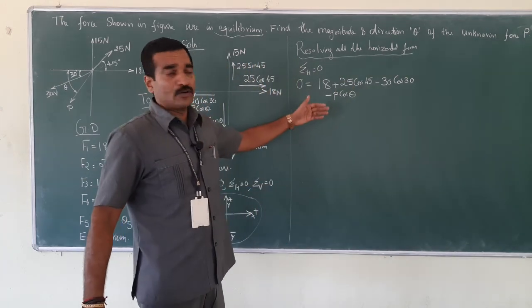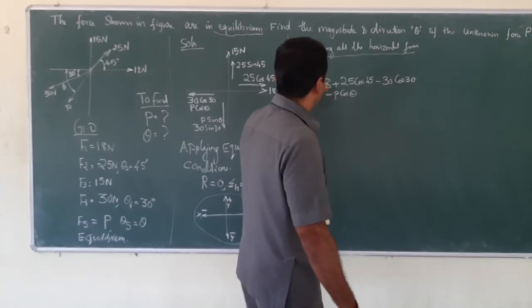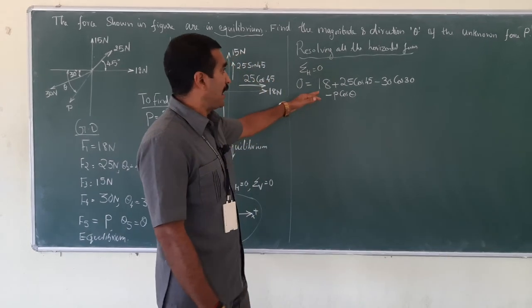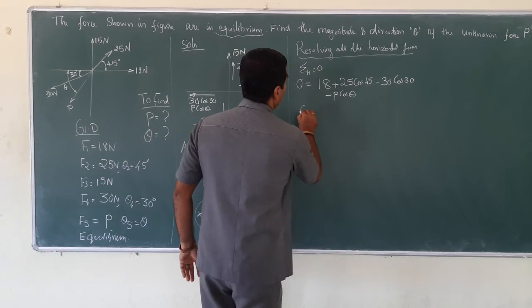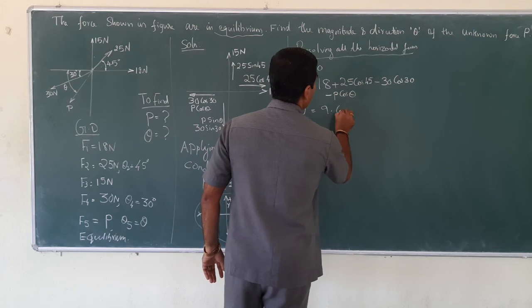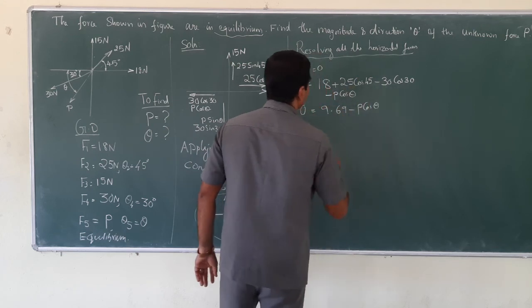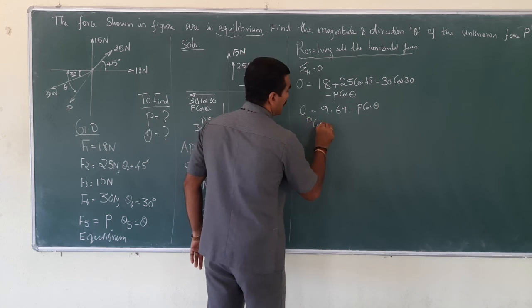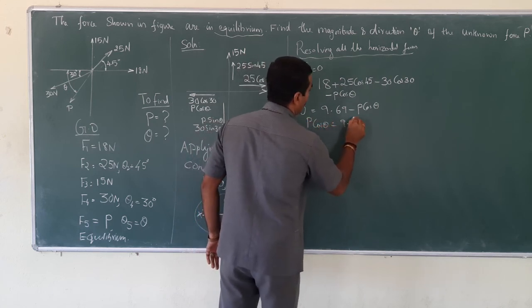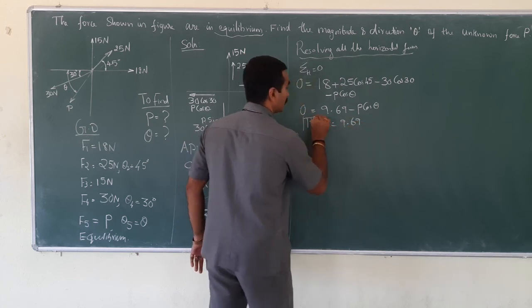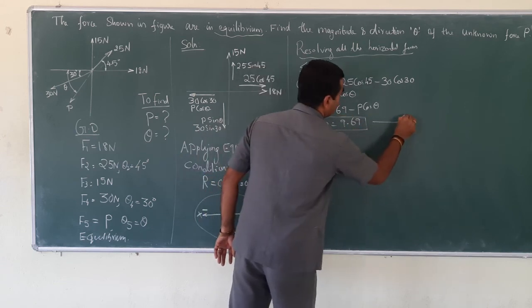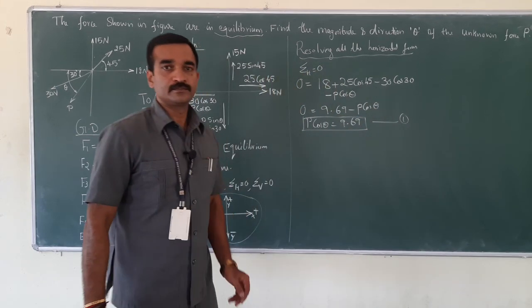By using the calculator, if you feed all this information, you will get 0 equal to 9.69 minus P cos theta. Therefore, P cos theta equal to 9.69. Equation number 1. Got it?